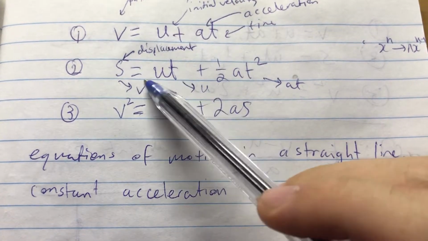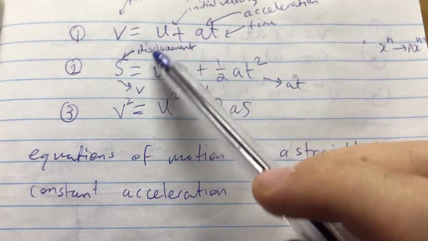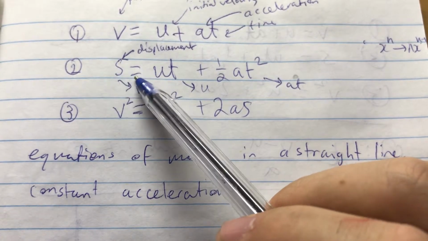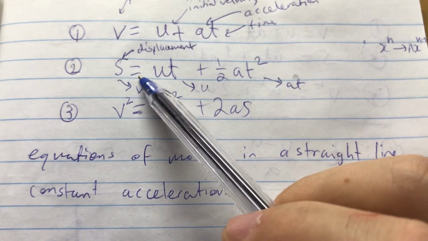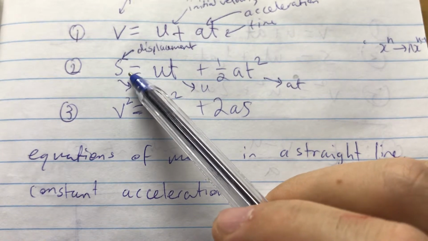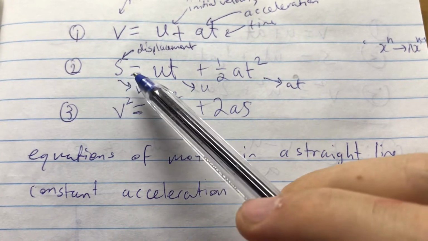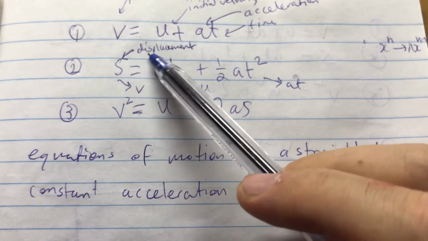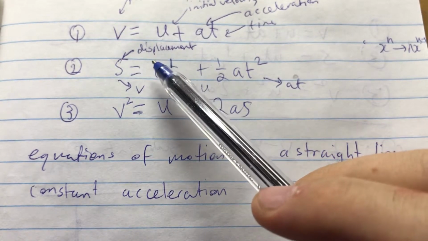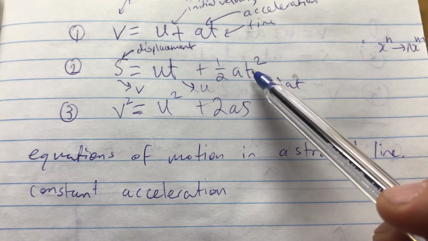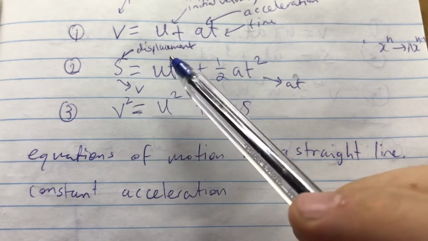So the derivative of the second equation is actually the first; well, the antiderivative of the first is the second. So it's not really a new equation of motion. And I guess we're assuming it's the displacement that's happened starting from time equals 0 to time equals t.